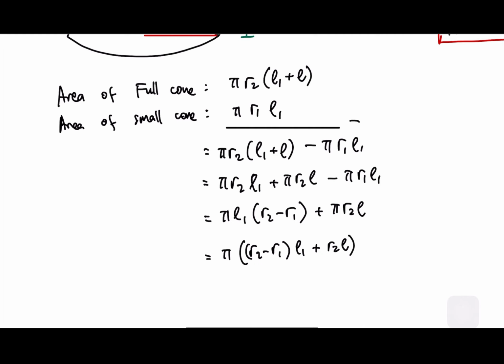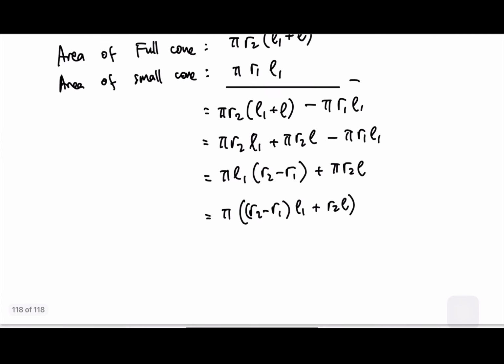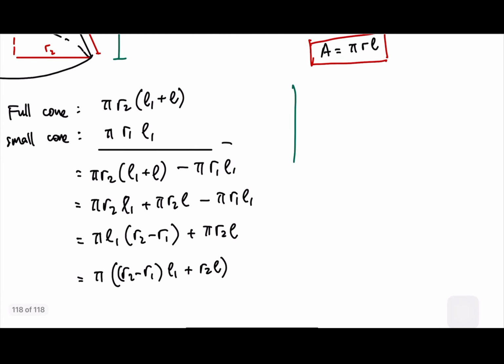Now, by looking at the triangle property, if this is R1, this is R2, this is L1, this is L, we can write down L1 over R1 is equal to L1 plus L over R2.